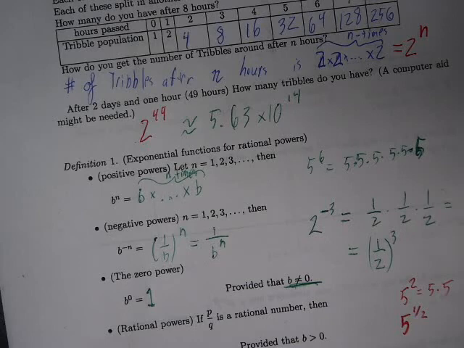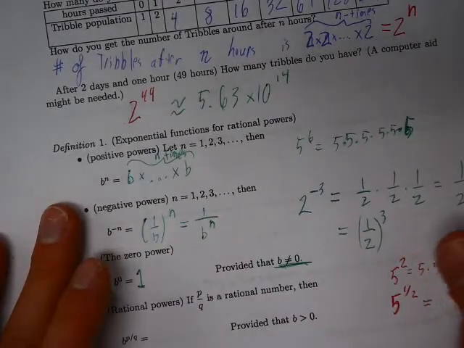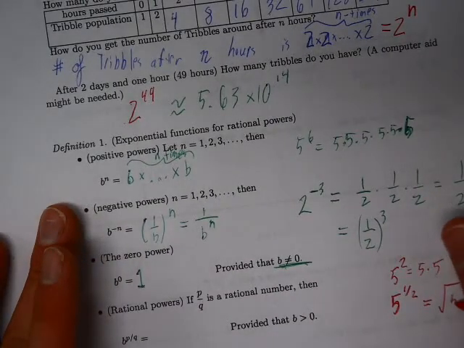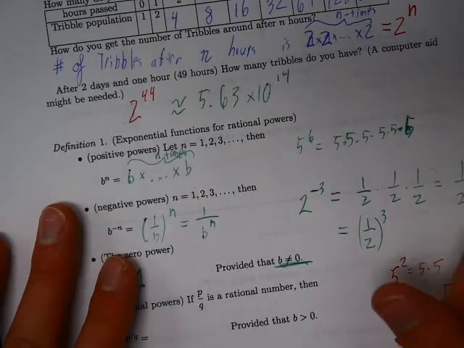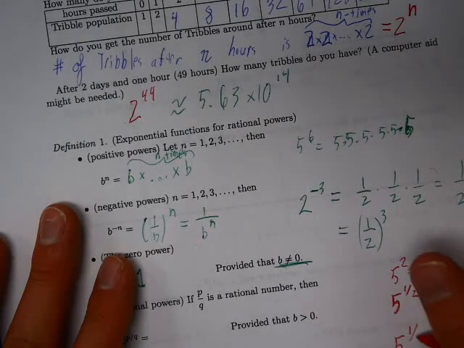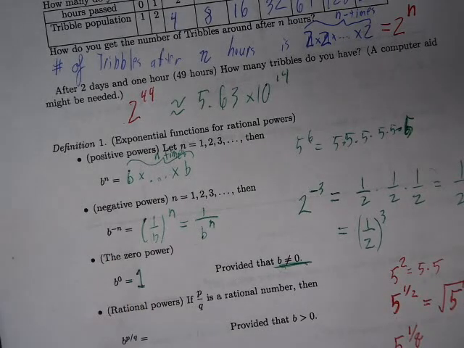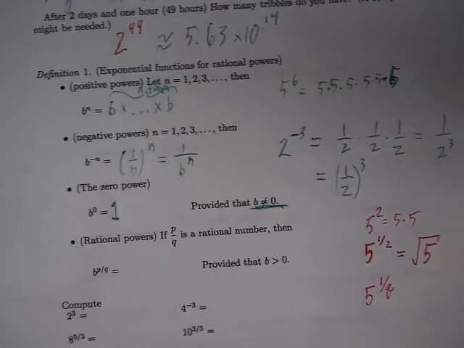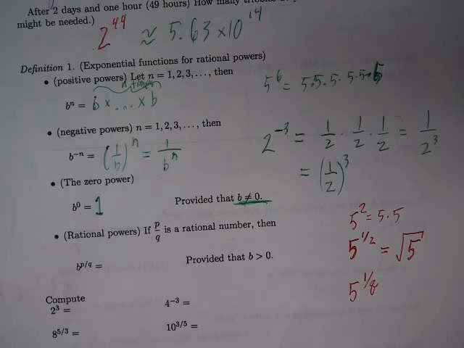Square root of 5. That should be like the opposite of squaring. What if I put anything in that denominator? What should 5 to the 1 over q mean? The q-th root of 5.